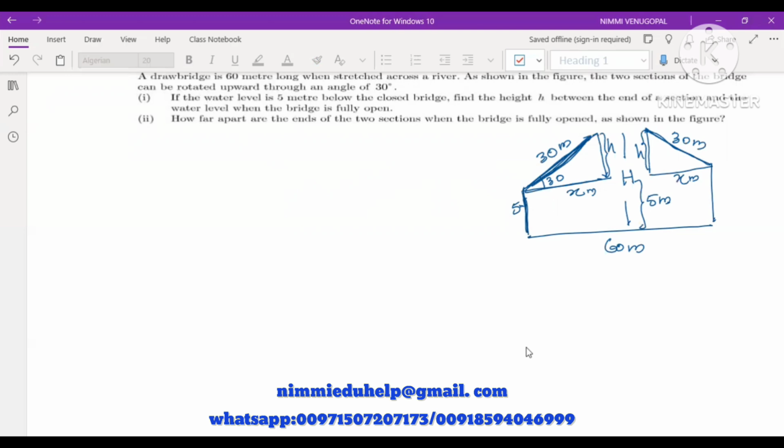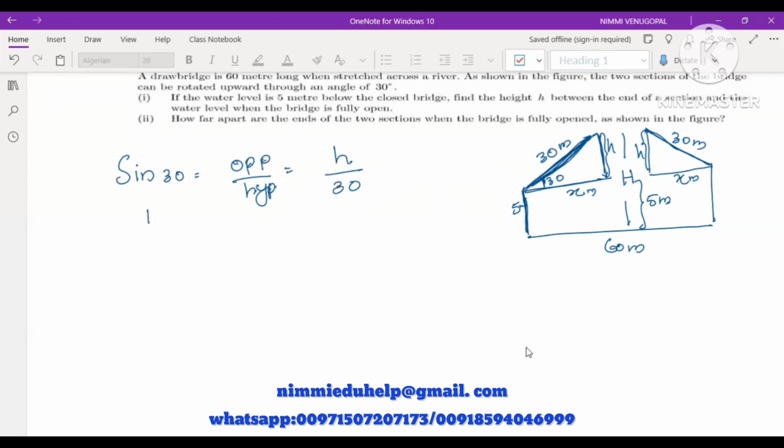We have to find the opposite side, standing here, and we have the value of the hypotenuse. That means we have to depend on sine 30. Sine 30 means opposite by hypotenuse. So h by hypotenuse, which is 30.